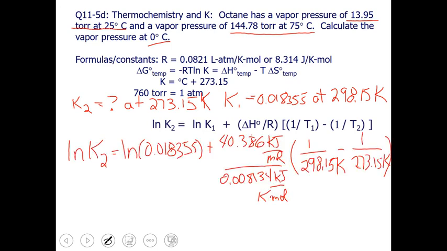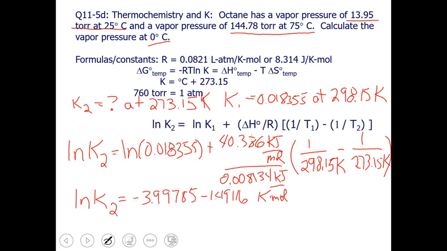So that means natural log of K2 is equal to natural log of 0.018355 plus delta H, which, if you're still with me, now you know the value, 40.386 kilojoules per mole, divided by 0.008314 kilojoule per Kelvin mole, times 1 divided by 298.15 minus 1 divided by 273.15.